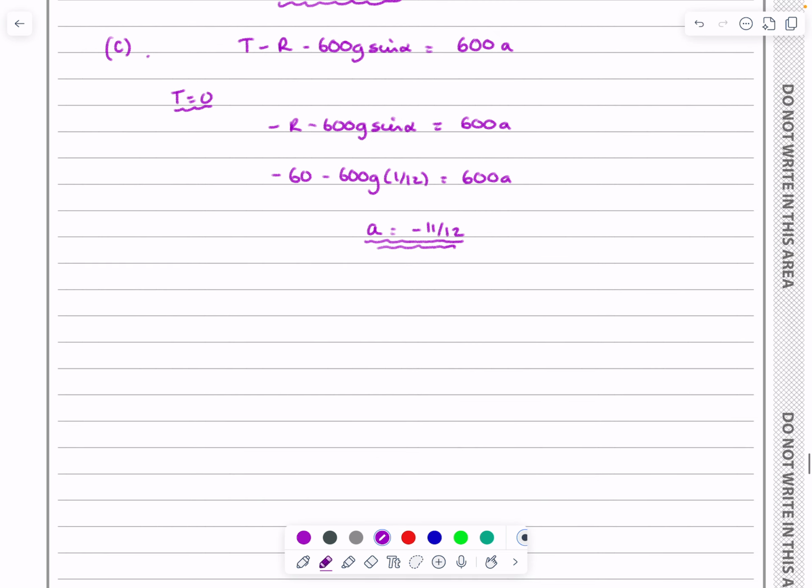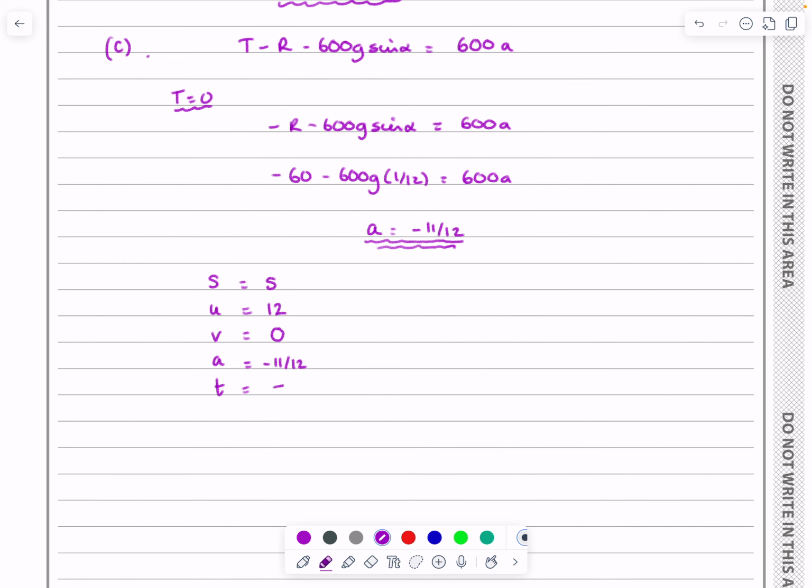So doing SUVAT, we can just see what happens when this comes to a halt. This occurred when the speed was 12, so when u was equal to 12. We're going to have it going down to 0 here. We know that our acceleration, now we've just worked out, is minus 11 over 12, and we want to know how far it goes, so I want an s there.